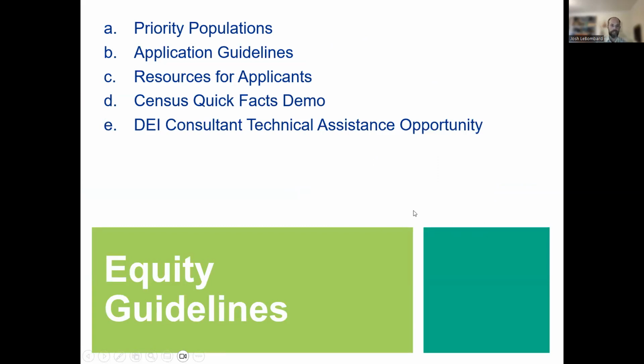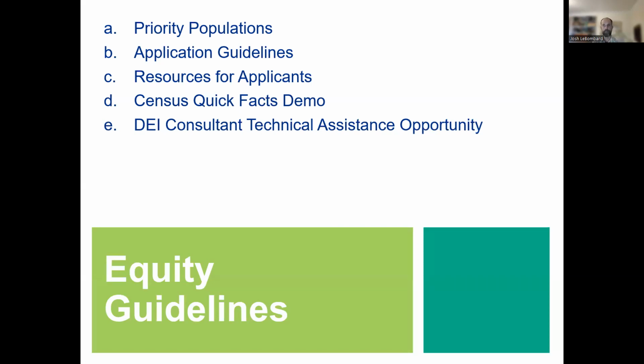Next, I want to get into the equity guidelines. As I mentioned, this is something that we really first built into our application process the last biennium. And because of lack of funding, we really didn't do it complete justice as far as making it a thorough process. I think we were able to really start the ball moving, which was a step in the right direction.